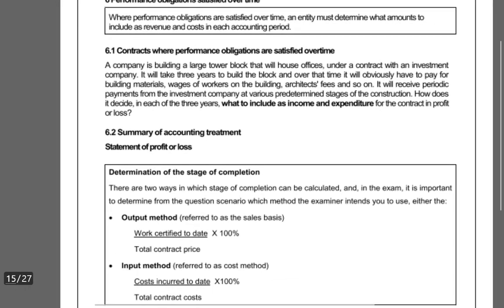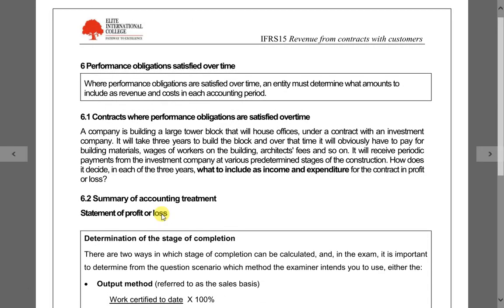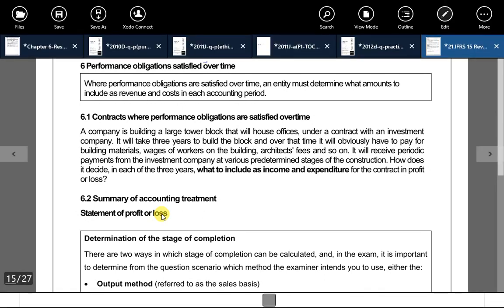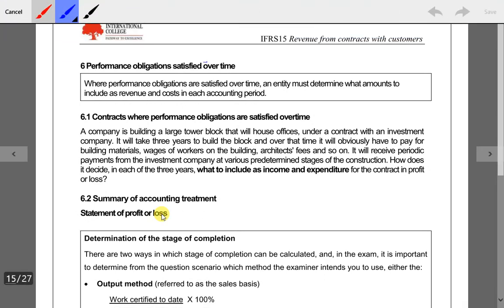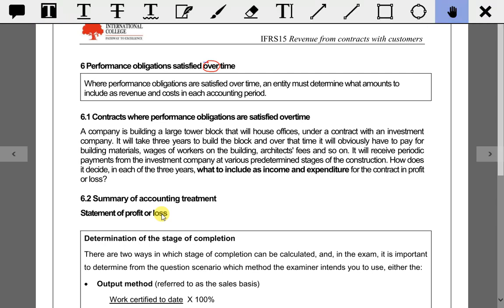Okay, now we look at performance obligation satisfied over time. Step 5. Remember Step 5? We recognize. So when do we recognize? It depends. Obligation will be satisfied at a point in time or over time. So we have two methods.